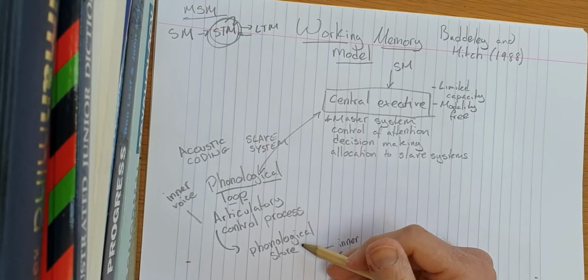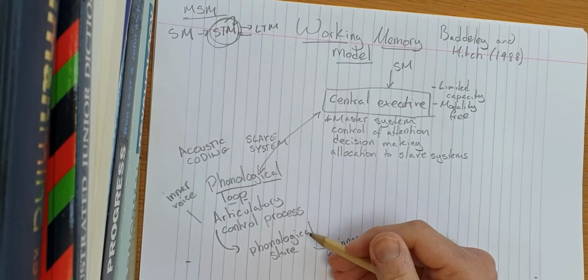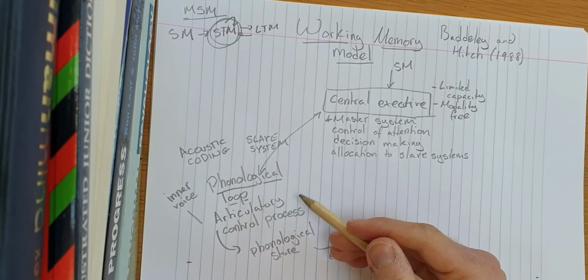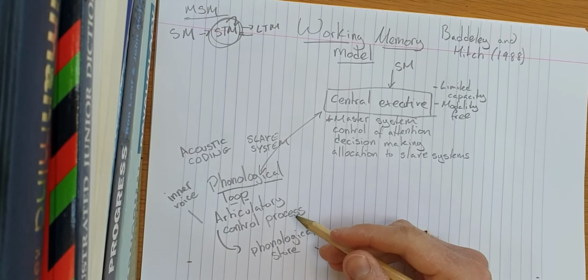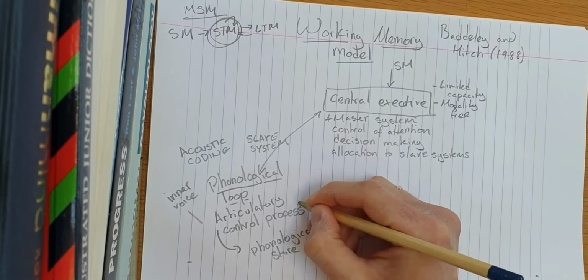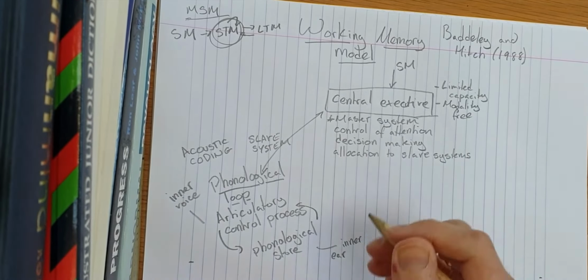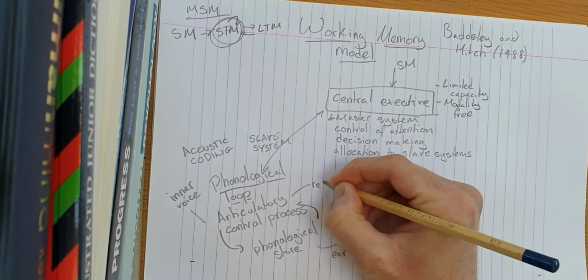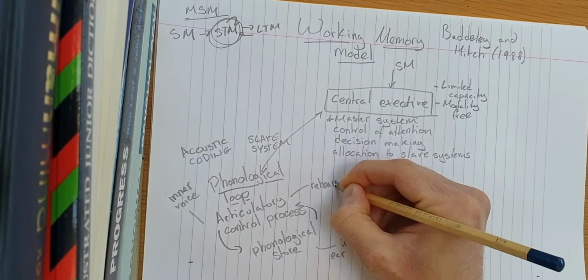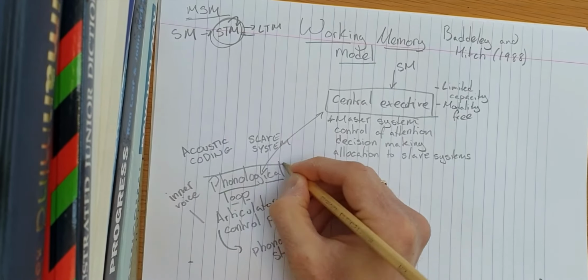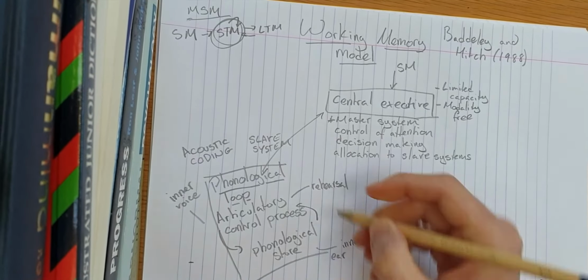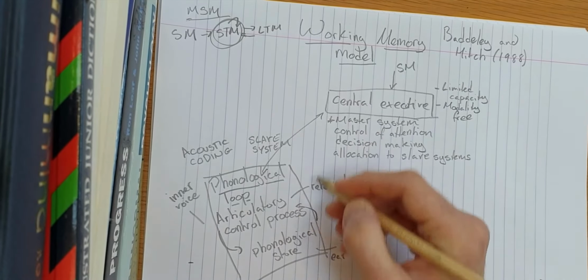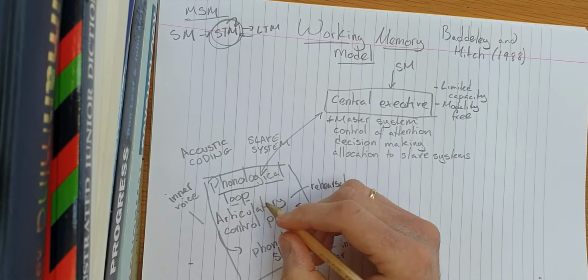If it's longer than 30 seconds without the articulatory control process rehearsing it, then it will be lost from the short-term memory. So the articulatory control process is there for rehearsal of this verbal information. So that's our first slave system, the phonological loop.